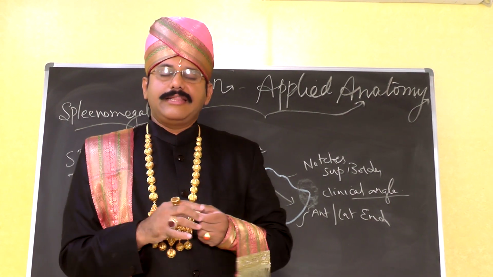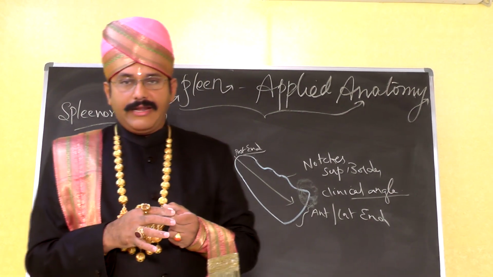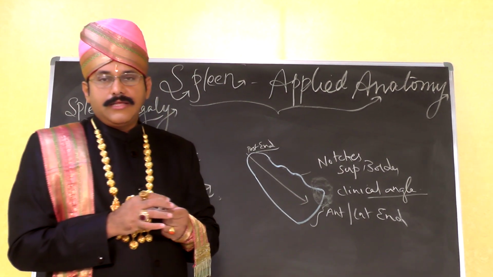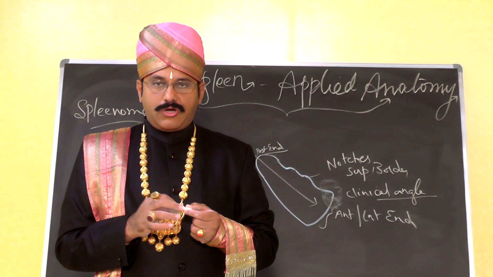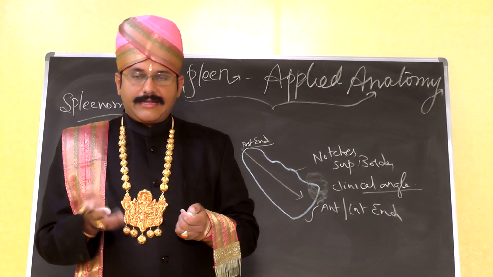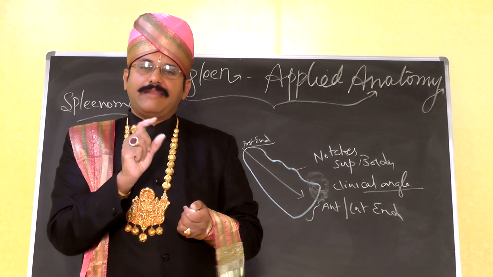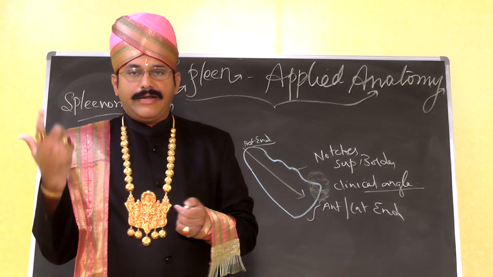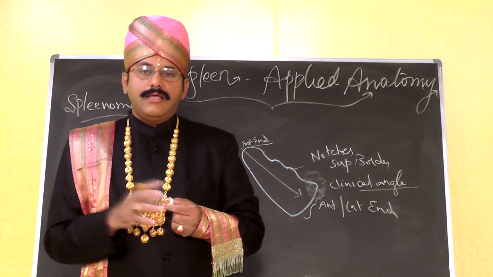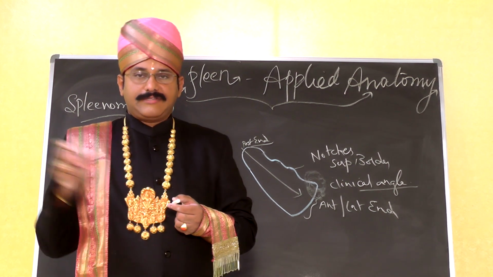Once the spleen is ruptured, severe internal bleeding or hemorrhage happens, and the patient is in a state of shock. So you do splenectomy. After that, some portions of the spleen you can suture in the greater omentum, and the small grafts will survive.